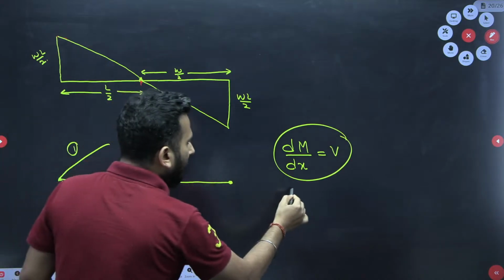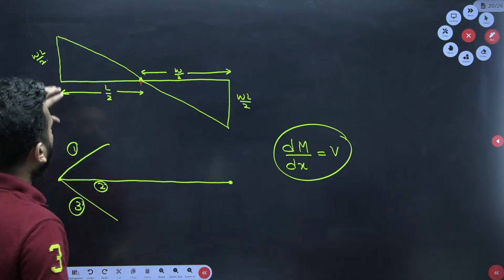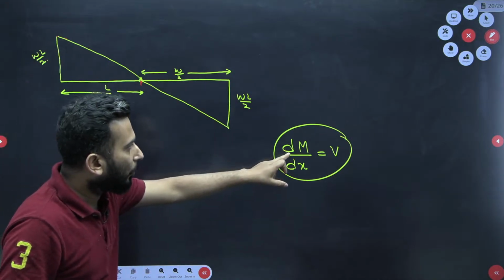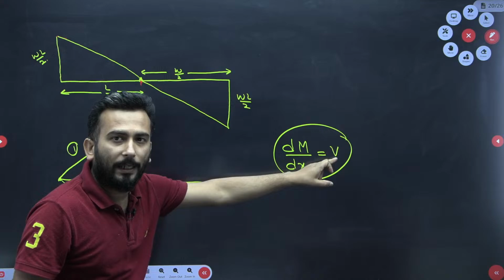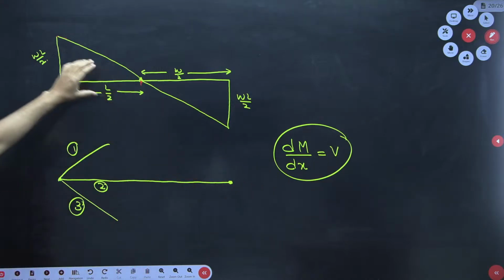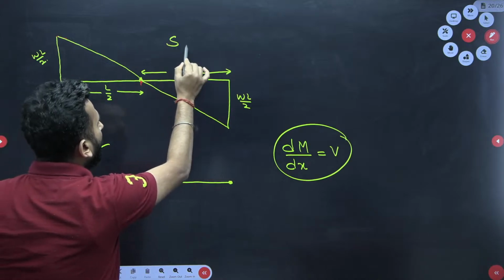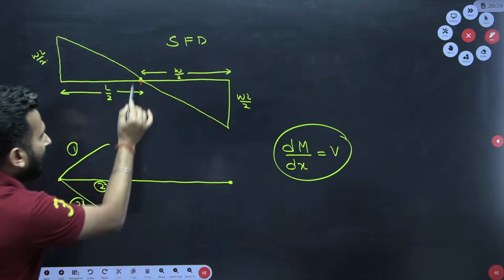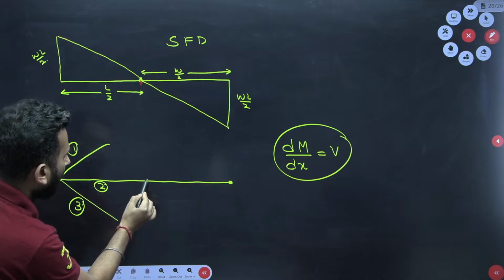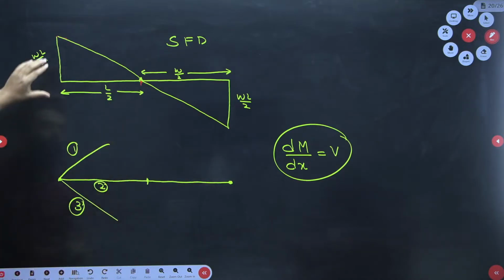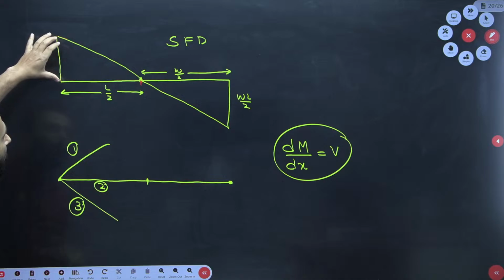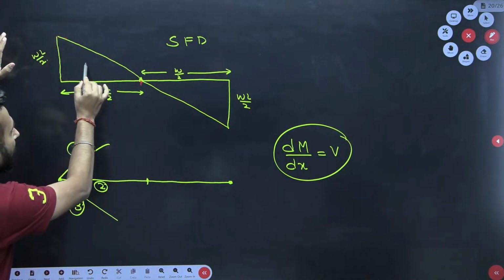So case 1 is signifying positive slope, case 2 is signifying 0 slope, case 3 is signifying negative slope. So see, in the first half of the beam, slope is given by V value, and for V value you have to come in SFD. So let's analyze the first half of the beam, that is L by 2. In the first half, the value of the shear force is positive, as you can see over here.